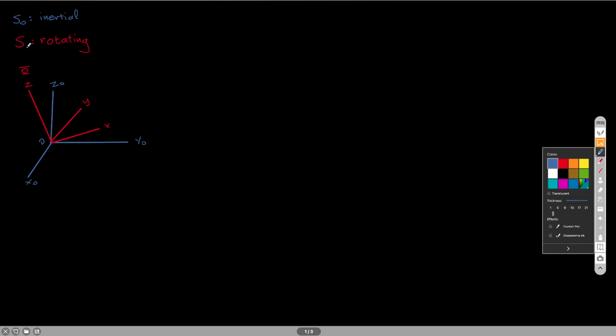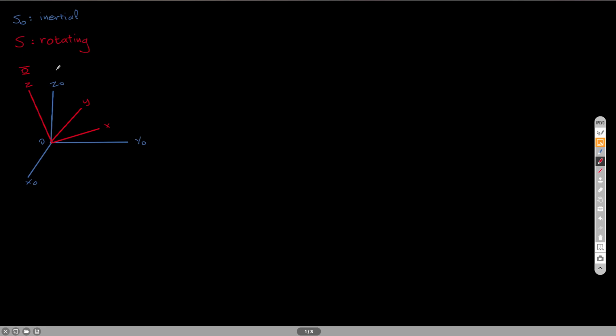And with red, I show a rotating frame of reference. These are the three axes, x, y, and z, and this frame of reference, the red one, is rotating. Now, this weird symbol that you see here is the uppercase omega.